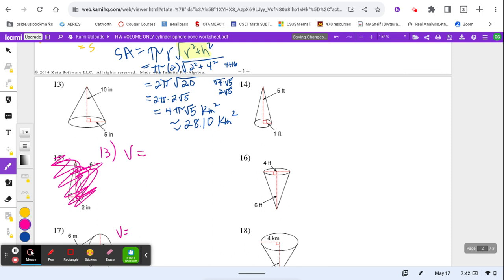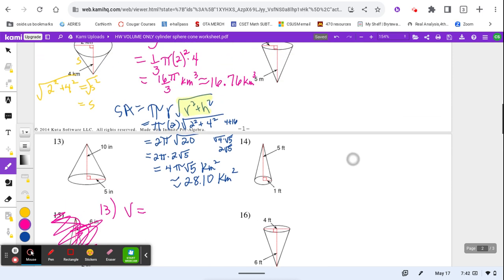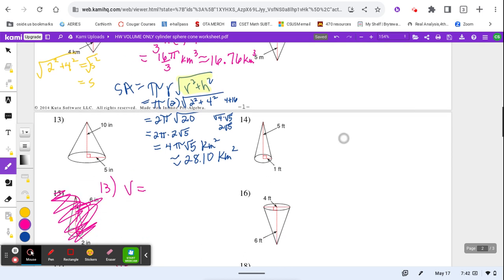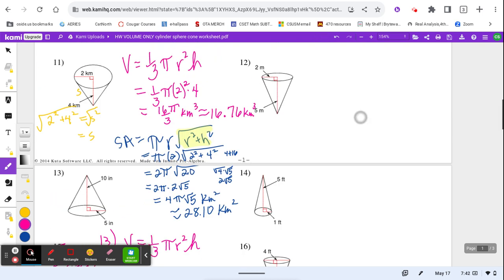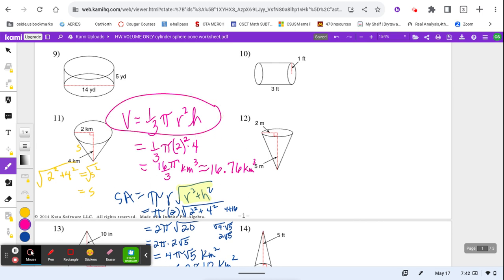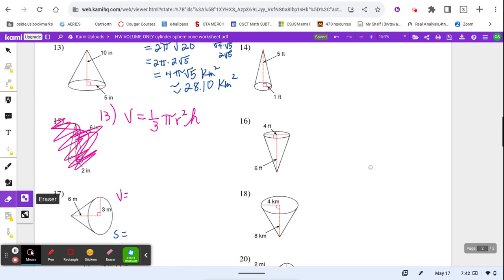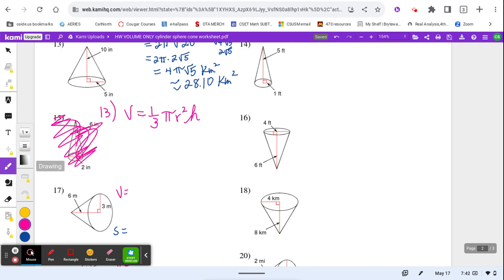Okay, so the volume equals, see how we have the little formula right up here? It's that 1/3 one. Let me show you again where I got that, because the volume of a cone is 1/3 that of the cylinder. This time my radius is 5 squared, and then our height is 10. 10 times 25 is going to be 250.